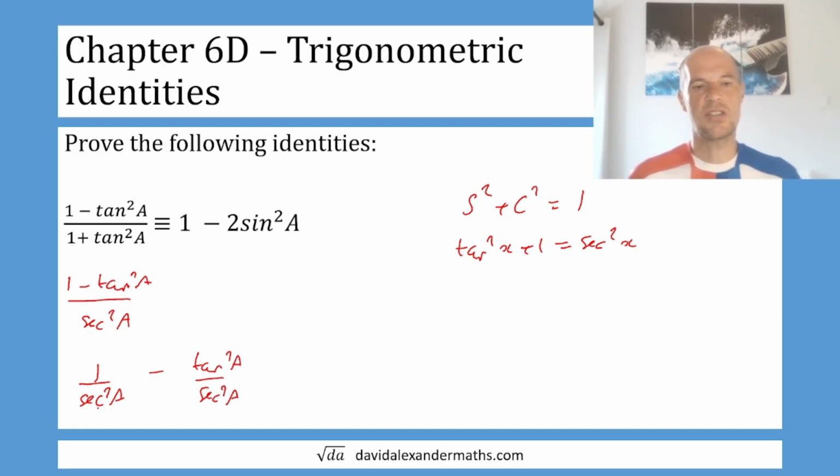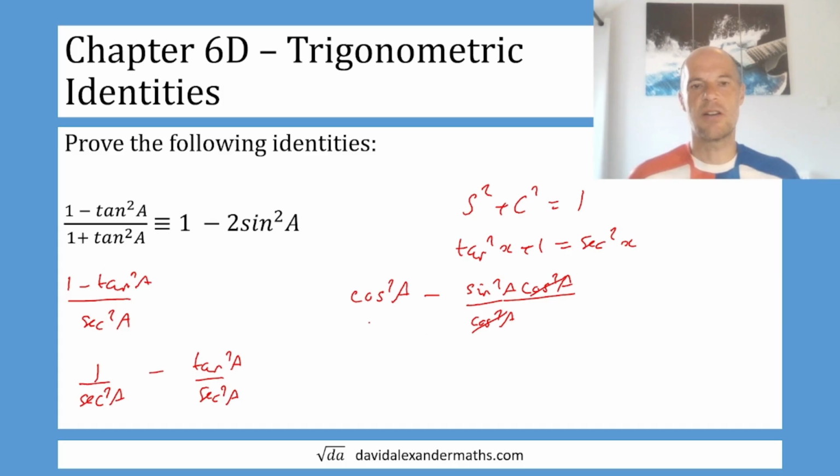Now 1 over sec squared, sec as a denominator, that is the same as cos as a numerator. So I've got cos squared A there. Take away, now tan squared is sine squared over cos squared. I've got the sec squared as a denominator, which I can move upstairs to be a numerator of cos squared A. Well, that's quite handy. I've got a cos squared and a cos squared.